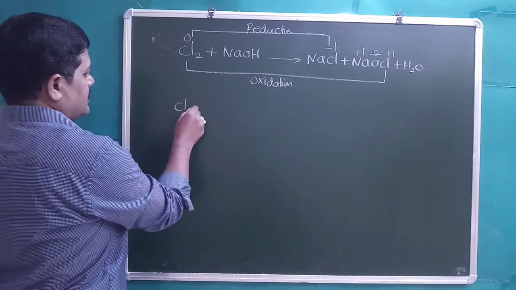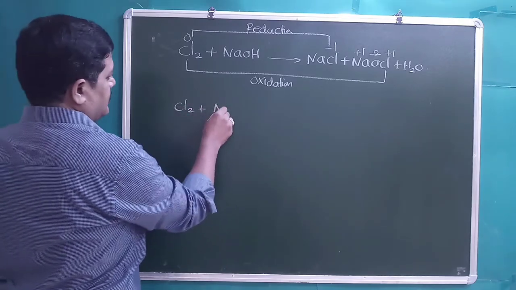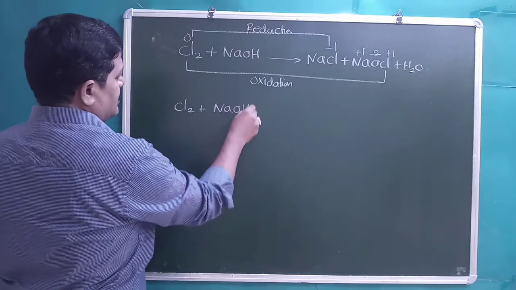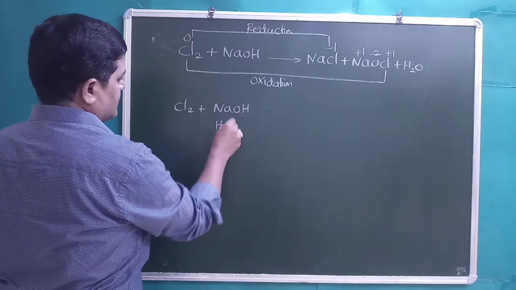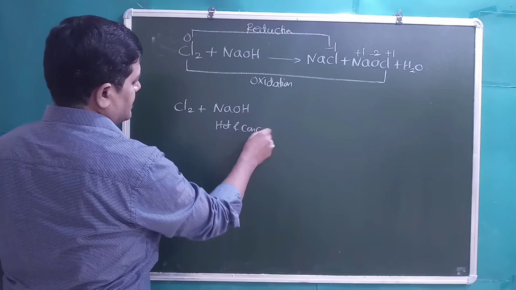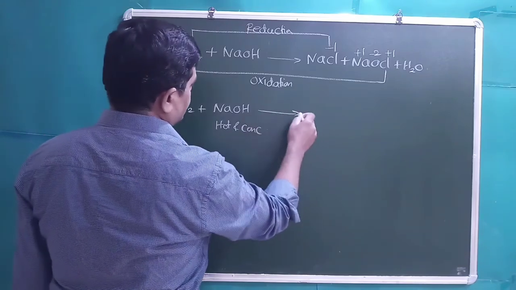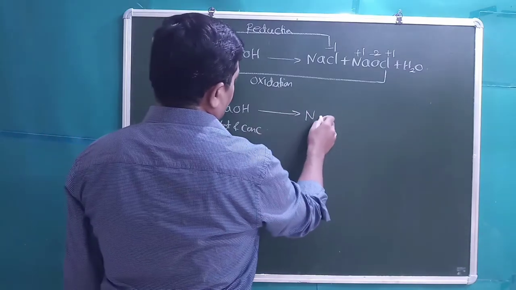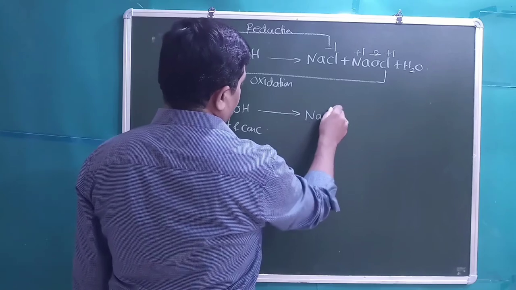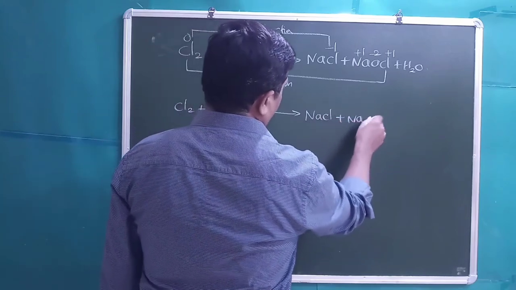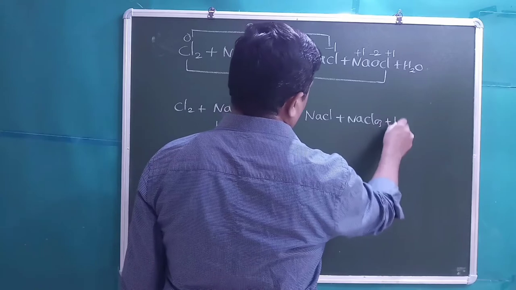Similarly, when Cl2 is reacted with hot and concentrated NaOH, which gives, both of these reactions are very important, NaCl plus NaClO3 plus H2O.